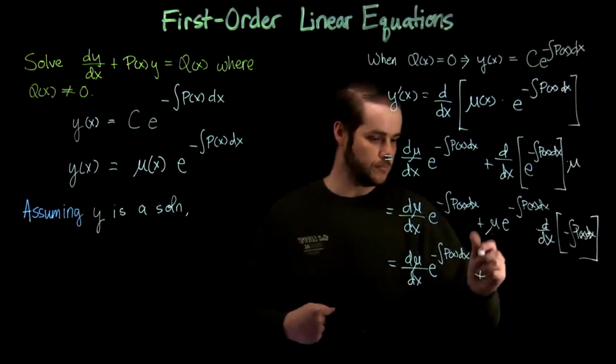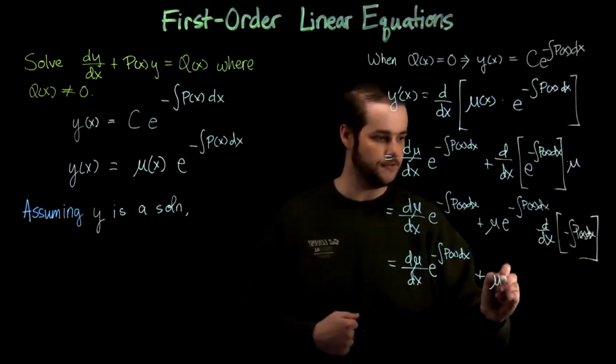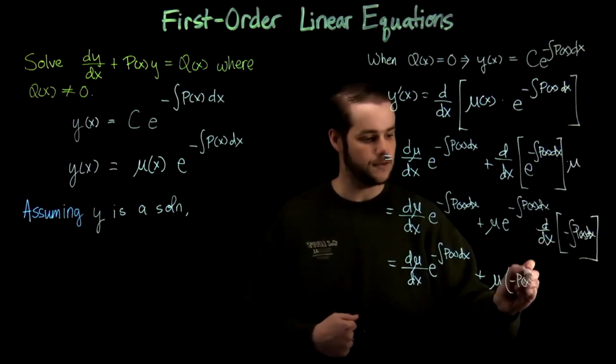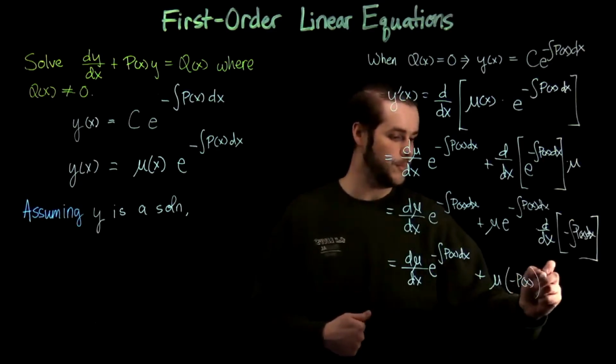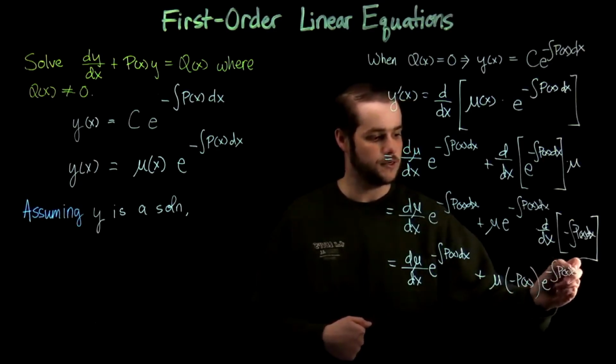Plus mu times, well, I just get back negative p of x times e to the negative integral p of x dx.